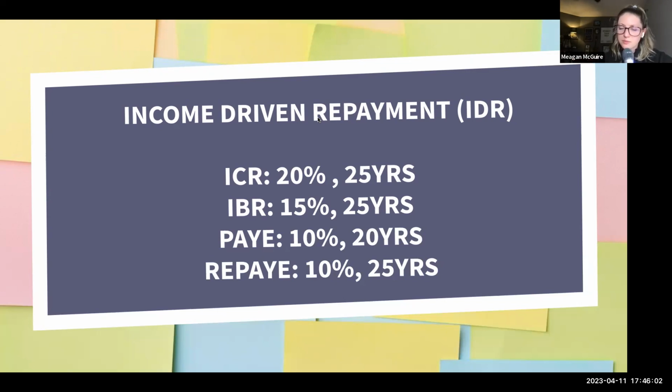So if you're single, they take 20,000 and subtract that from your adjusted gross income. So your payment is not based off of gross income. It's based off of this calculation, the adjusted gross income minus 150% of the poverty line, which is about 20,000 for a single person. It goes up by 5,000 for every family member that you have.